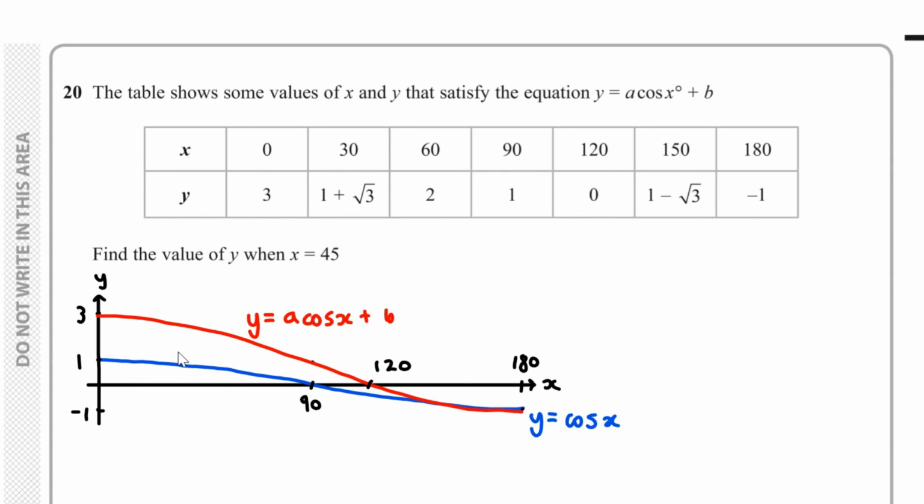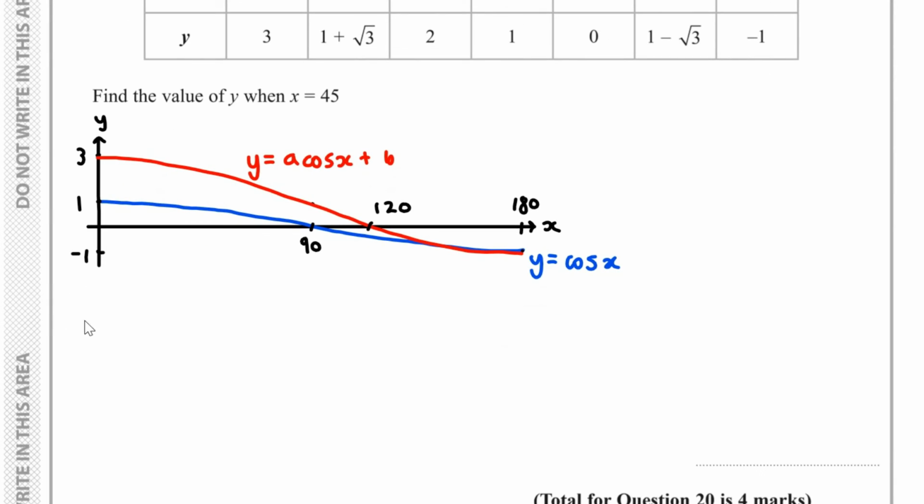So therefore, by inspection, y is equal to 2 times cosine of x plus 1. And we want to find the value of y when x is 45.